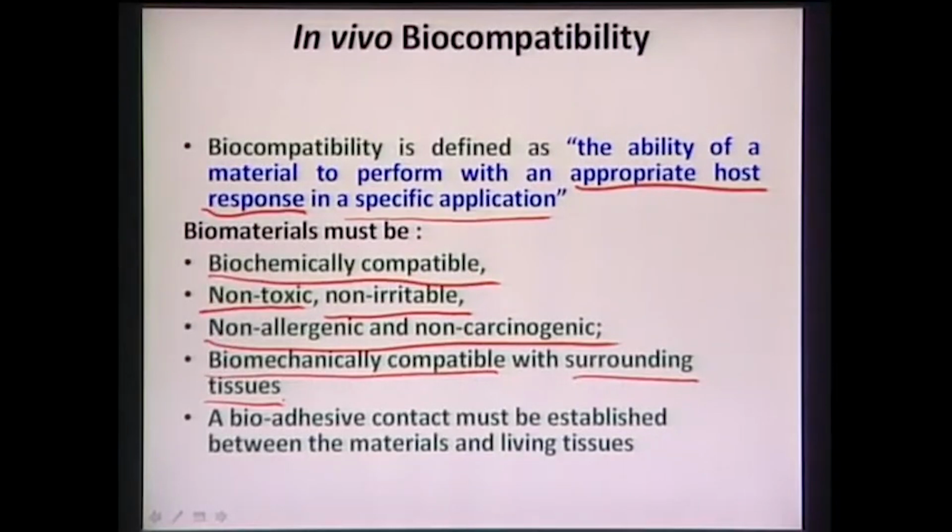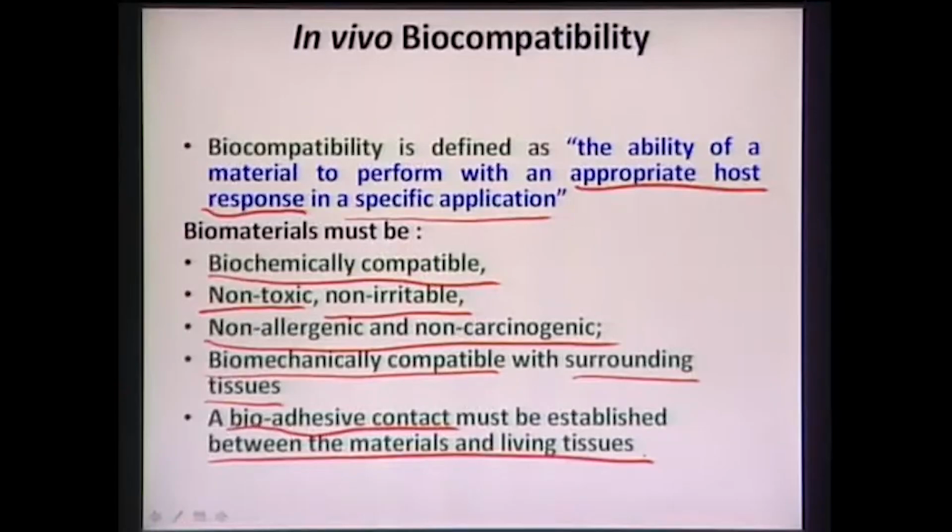The last point I have mentioned here is that bioadhesive contact must be established between the material and living tissues. Bioadhesive contact means there should be some kind of biological contact. When a material is implanted, if a capsule tissue is formed around the implant, that is desirable for good in vivo biocompatibility.